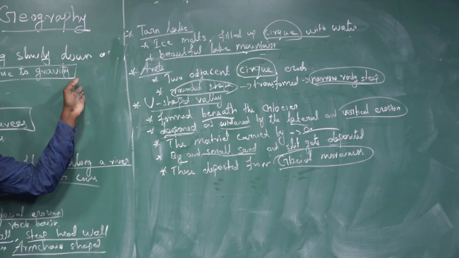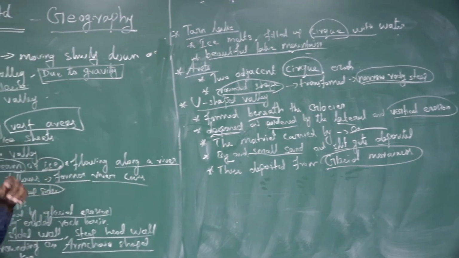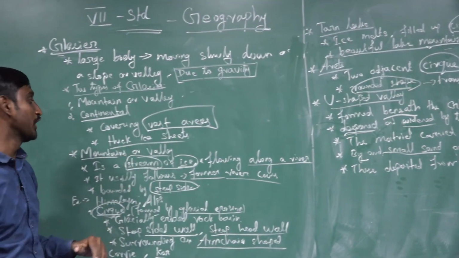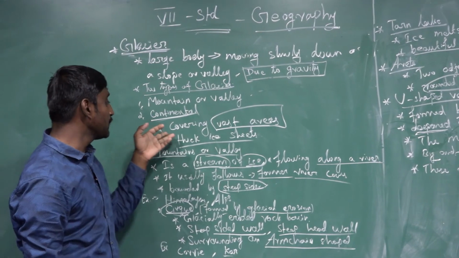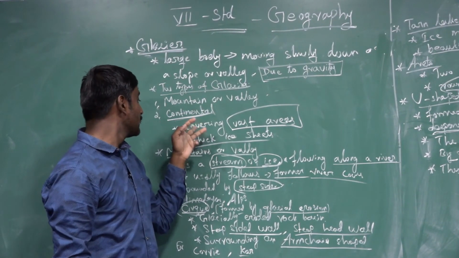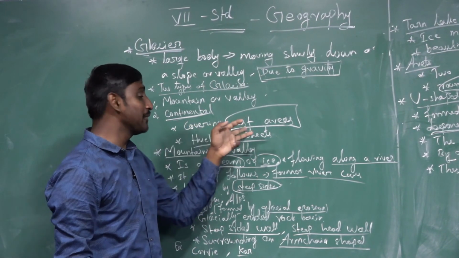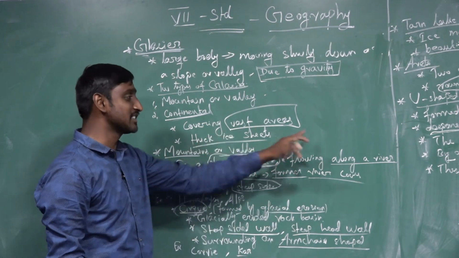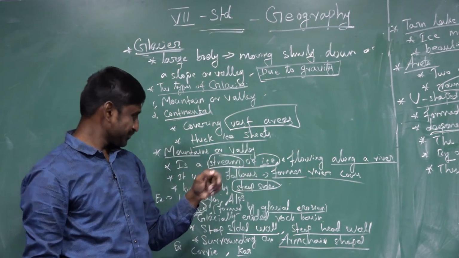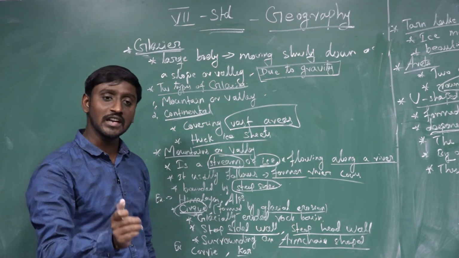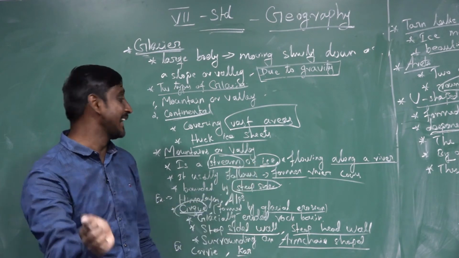So glaciers are of two types: mountain or valley glaciers, and continental glaciers. A continental glacier is a glacier covering vast areas of the earth with a thick ice sheet, for example Antarctica and Greenland.